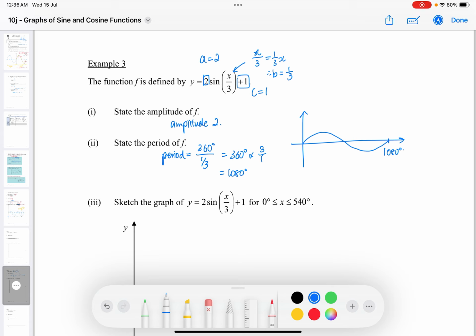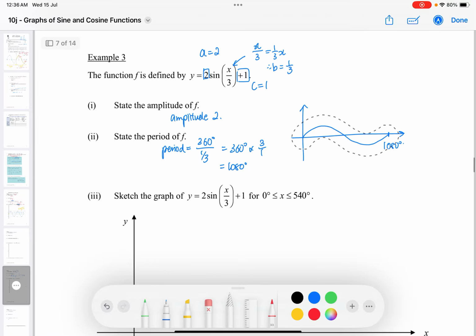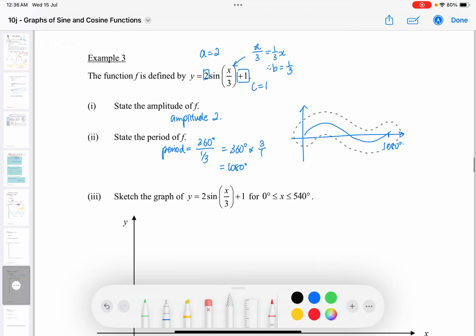That's interesting. And then when c equals 1, it means that the entire graph is shifted up by 1 unit, like that. So the middle line is at 1. This is called the axis of the curve.